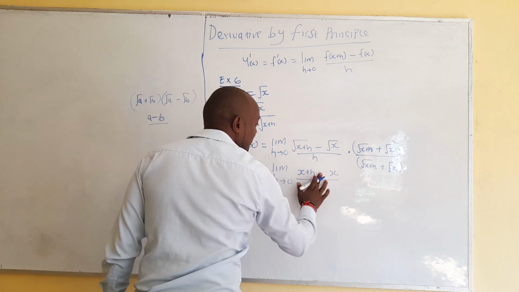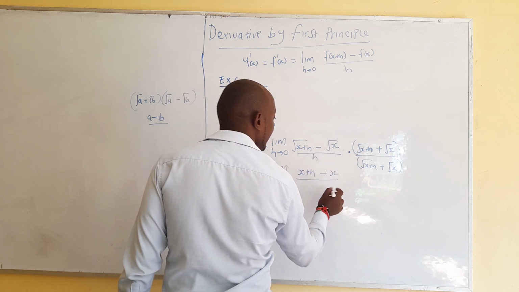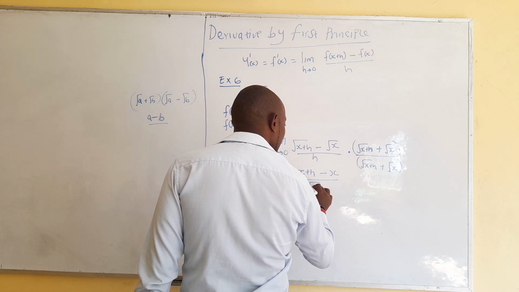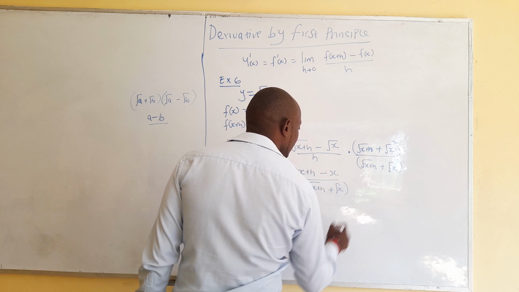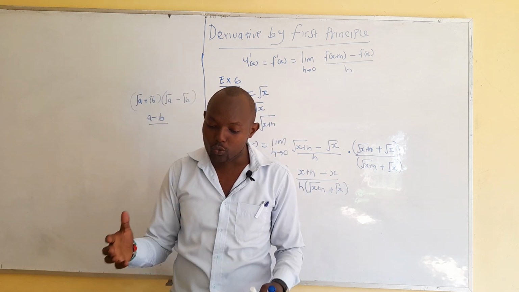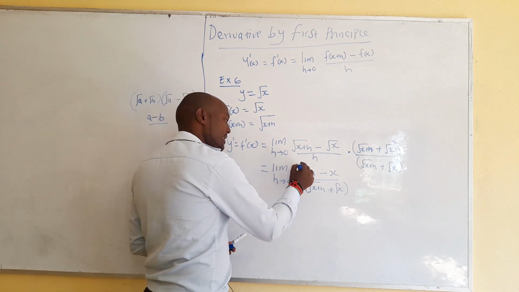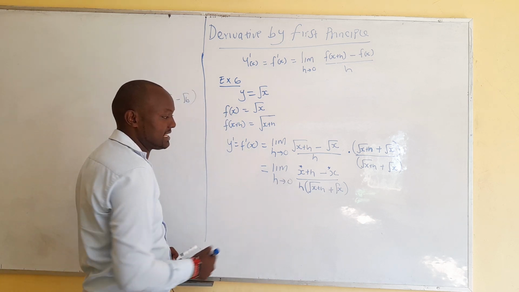So I'll have x plus h minus x all over the denominator, where I had multiplied with root x plus h plus root x. Now, which part of the equation can we simplify? This x and this x will cancel out.